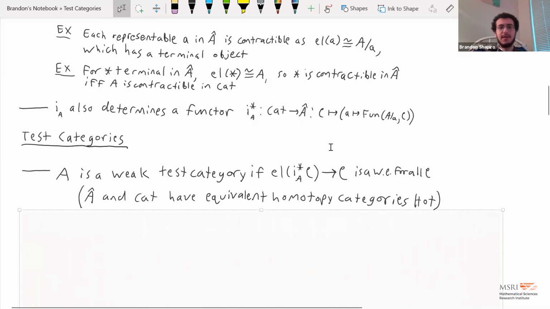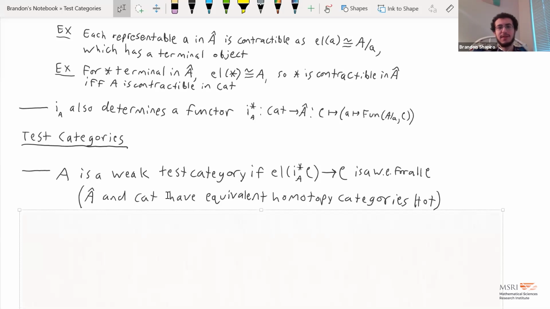And so if for every category C, we can find something in A hat, namely i star A C, which is sent by L to the same homotopy type as C, namely this is a weak equivalence, that means that all of the homotopy types in Cat can be realized by a pre-sheaf in A hat, an example being i star A C. So that gives us a sense in which the homotopy theories of A hat and Cat are the same.